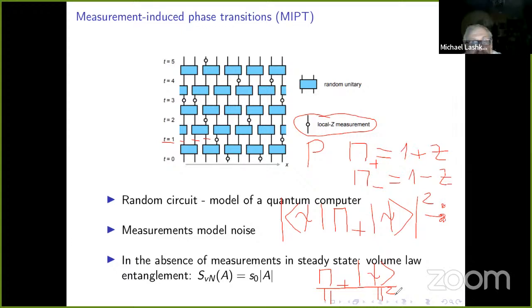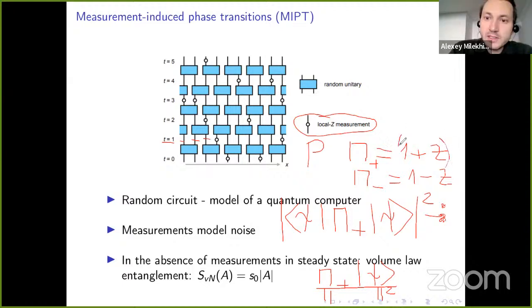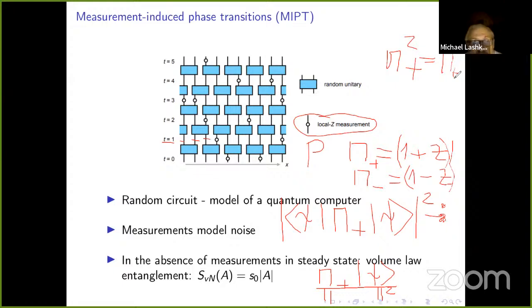Excuse me, I don't understand. What does it mean that this is a projector? Is Z a complex number or what? It's an operator. If I divide it by square root of 2 or something, P plus squared is equal to P plus. It's a projector in the sense of linear algebra. And what is the Z operator?